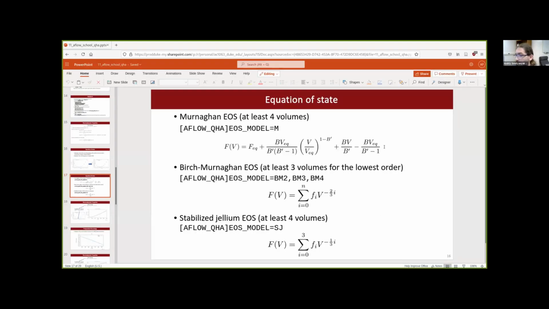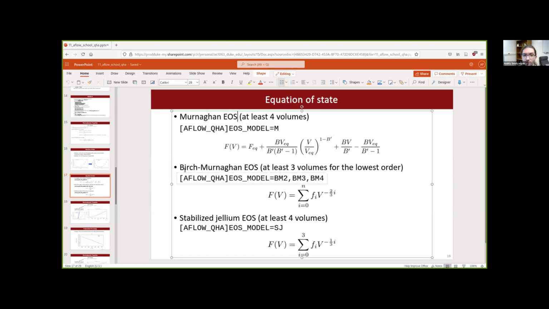There was a question in chat about what the advantages are of different EOS models and limits, and when you should apply which model. In general, I would say the quality of models increases when you go down this list. The first one was the Murnaghan EOS. Experimentally, the problem with it was that it was not very good at explaining data for high pressure.